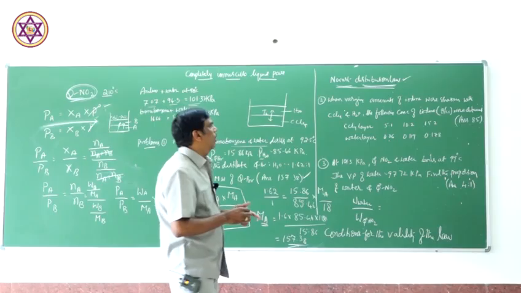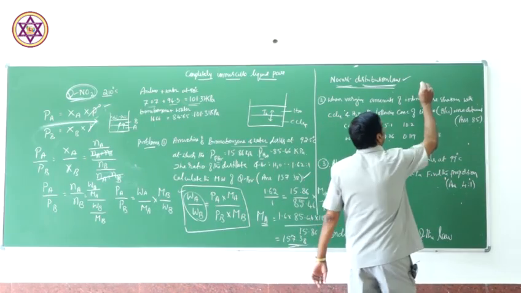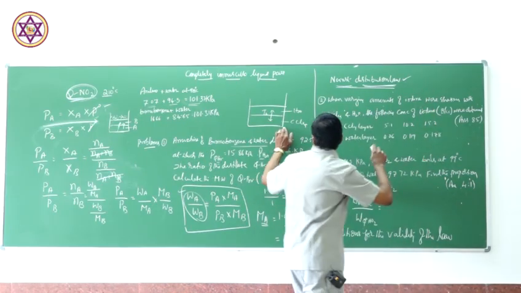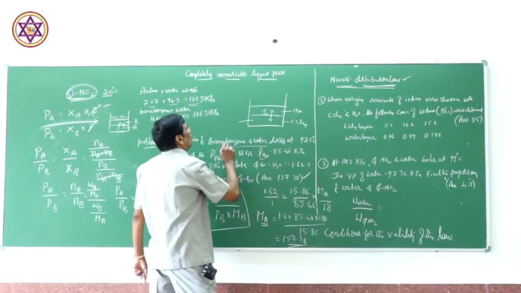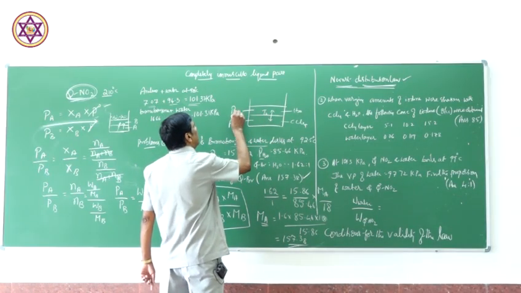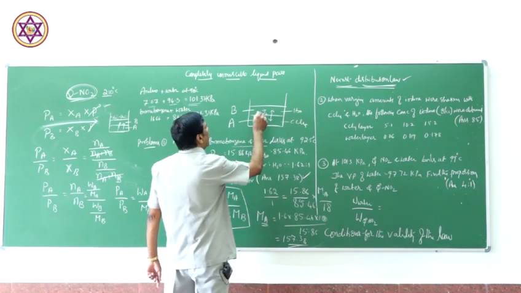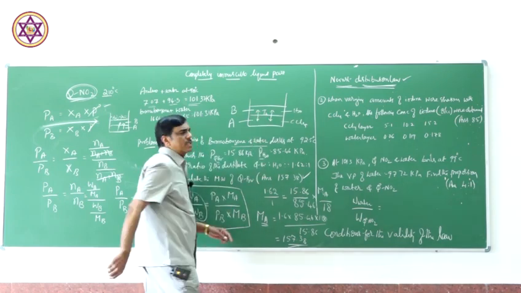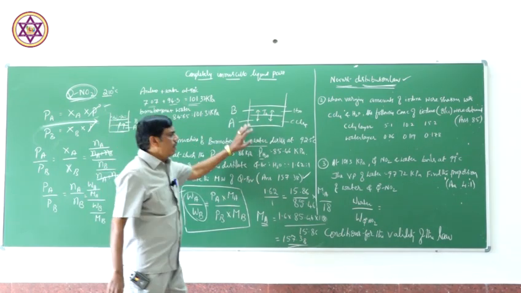That is the law. Mathematically, suppose A is one of the immiscible liquids, B is another liquid, and we have added a solute that is soluble slightly in both the solvents.